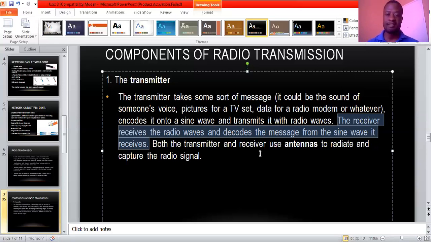Both the transmitter and the receiver use antennas to radiate and capture the radio signal. When you look at the radio, there's an antenna that you pull out for it to receive signals, and even your cell phone has an antenna, though I think it's a built-in antenna.